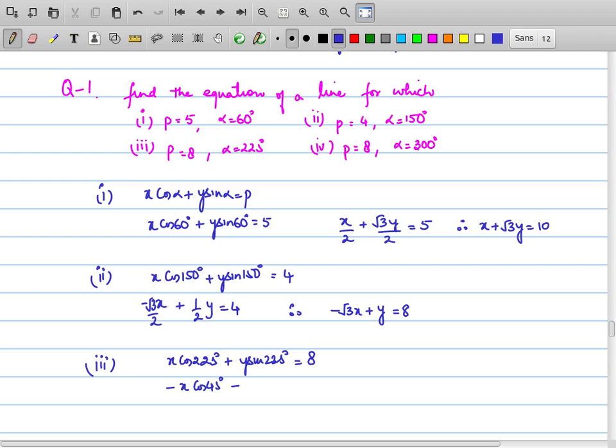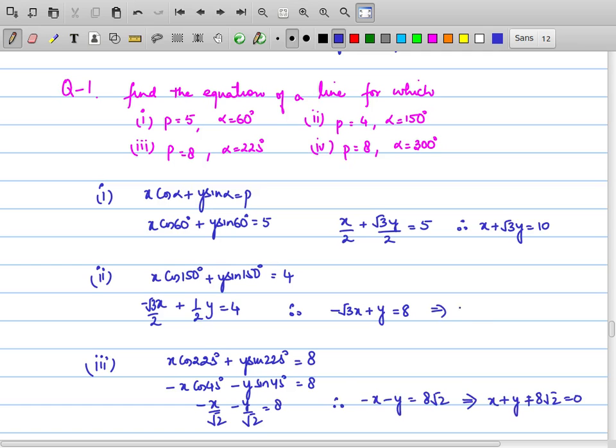And sin is also negative in the third quadrant. Therefore minus y sin 45 is equal to 8. Now cos 45 and sin 45 is 1 by root 2 each. Therefore minus x by root 2 minus y by root 2 is equal to 8. Therefore your equation becomes minus x minus y is equal to 8 root 2. Or you can rearrange it as x plus y plus 8 root 2 equals 0.